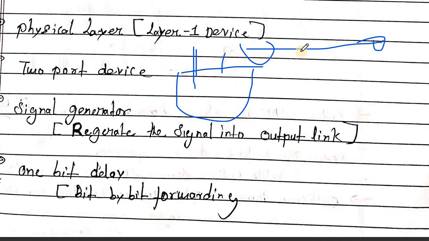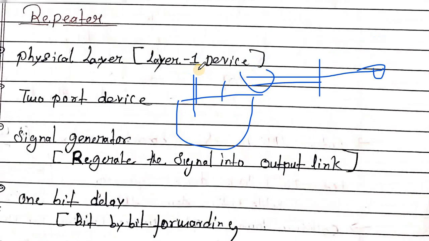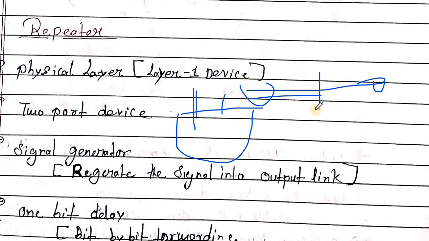Here, when the channel distance is long, after traveling some distance the signal becomes low. The signal becomes low due to noise and other things. So to amplify it we use repeaters, so that the signal won't be demolished before it reaches the receiver end.